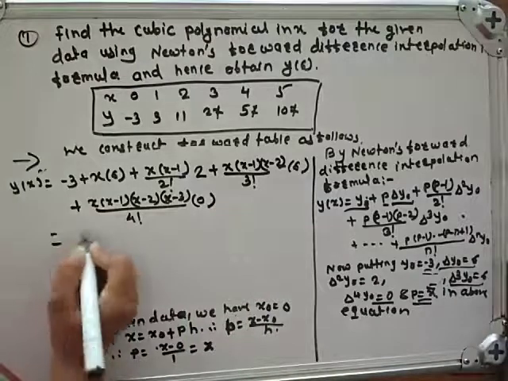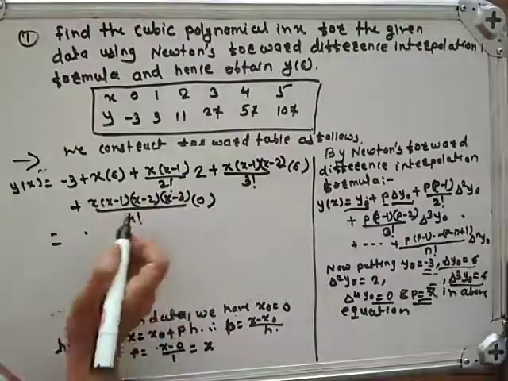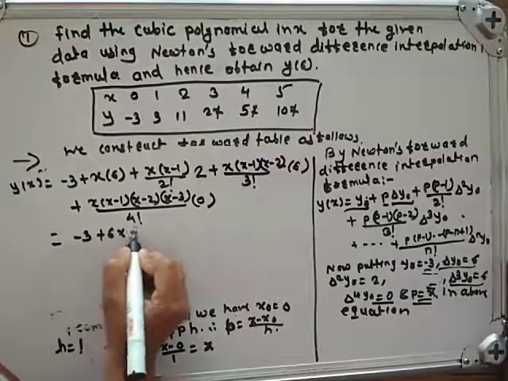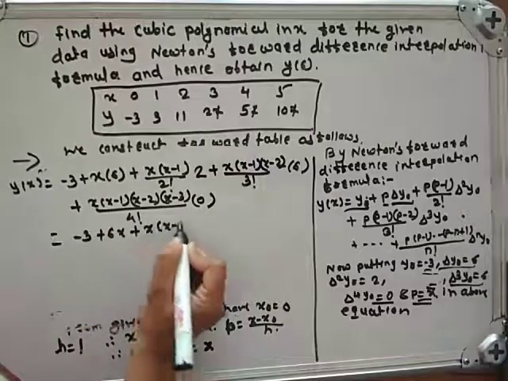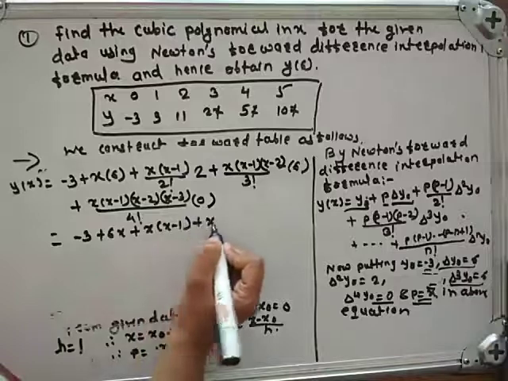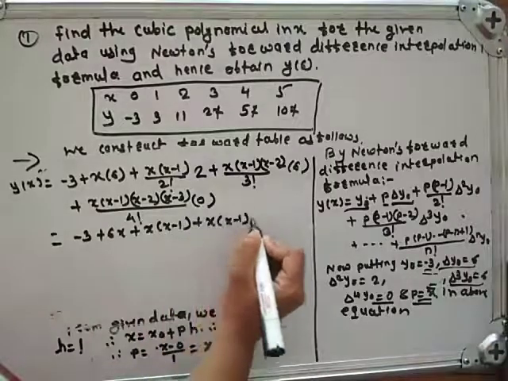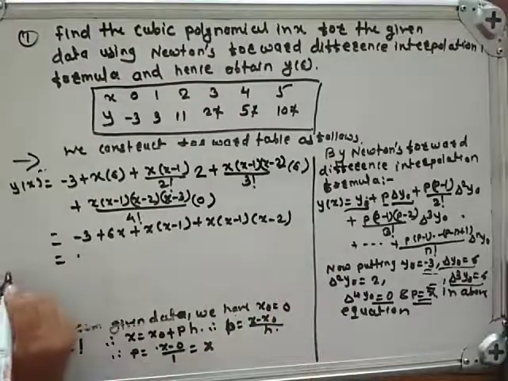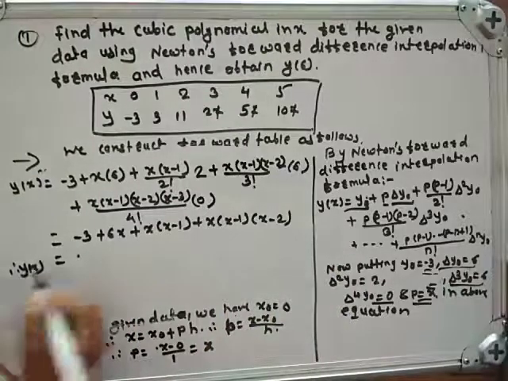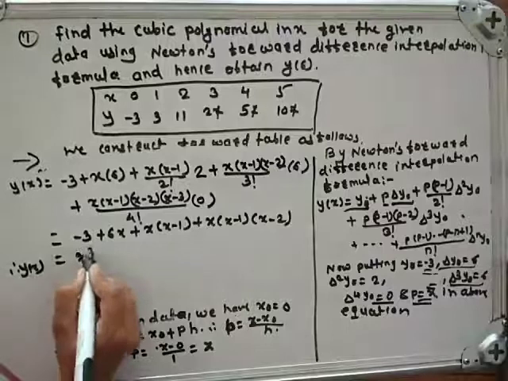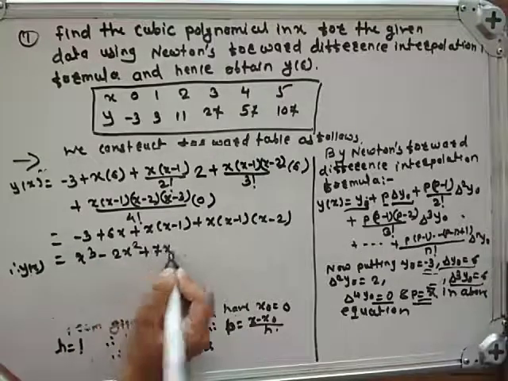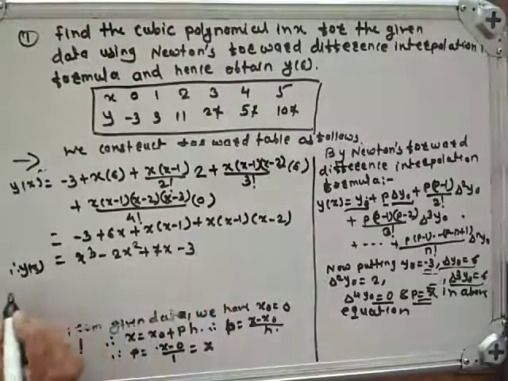Simplify this term, you will get minus 3 plus 6x plus x into x minus 1 plus x into x minus 1 into x minus 2, therefore y of x is equal to x cube minus 2x square plus 7x minus 3.